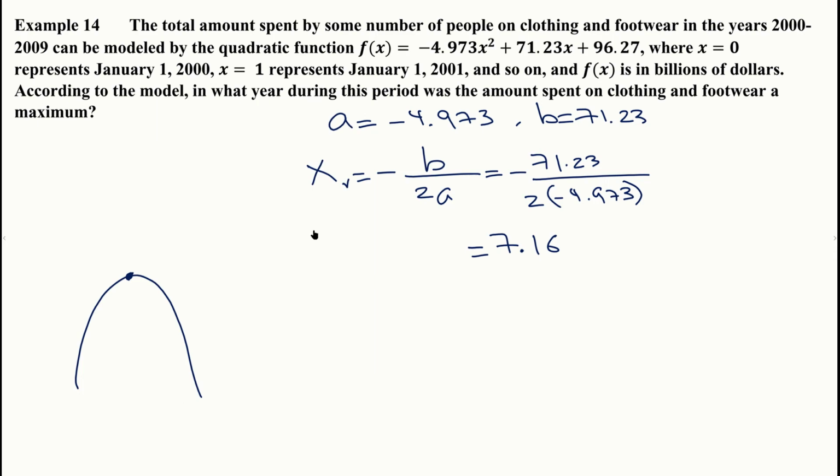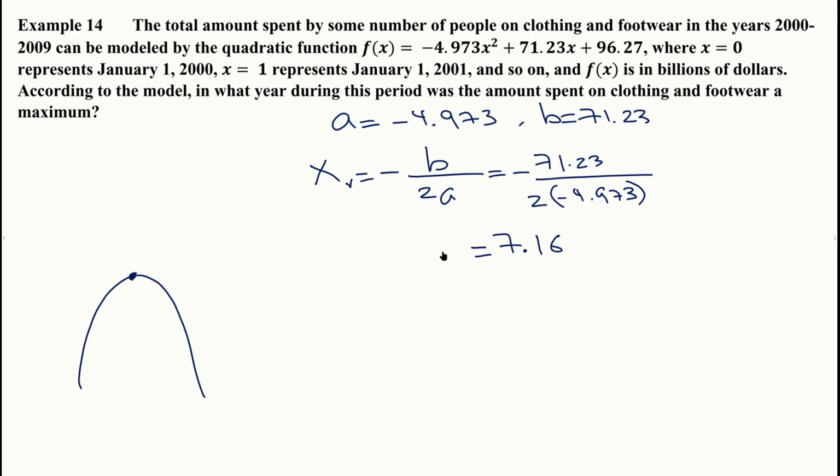All right. So remember what x represents, right? First of all, it represents the number of years since January 1st, 2000. That's basically what it represents, right? Because x equals 0 represents January 1st, 2000.